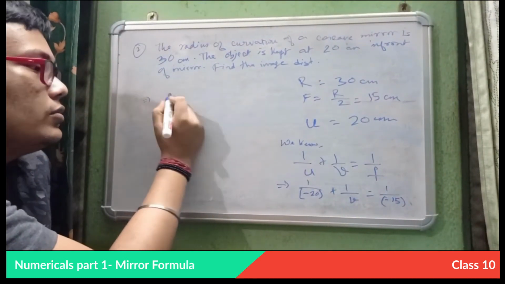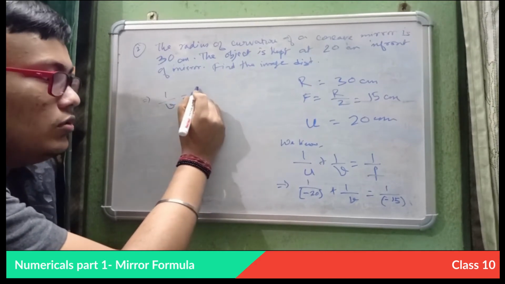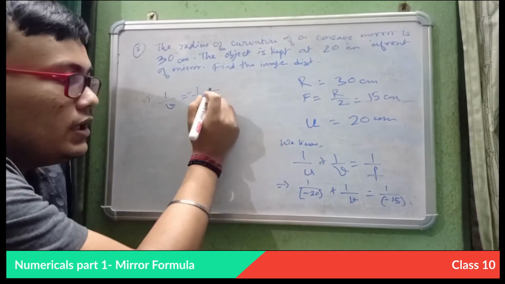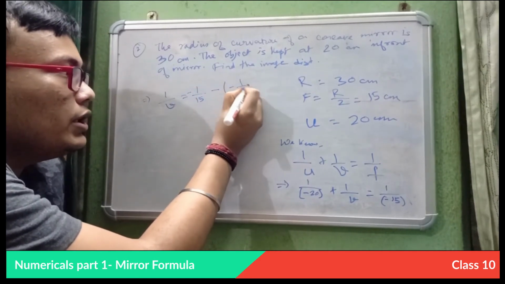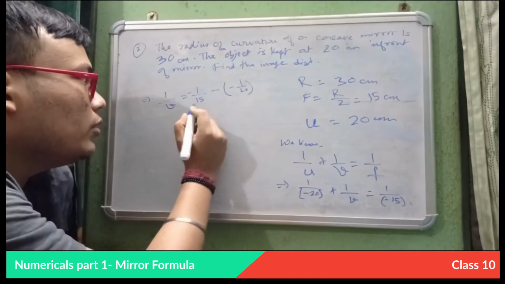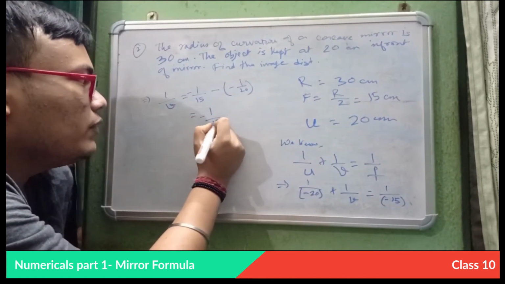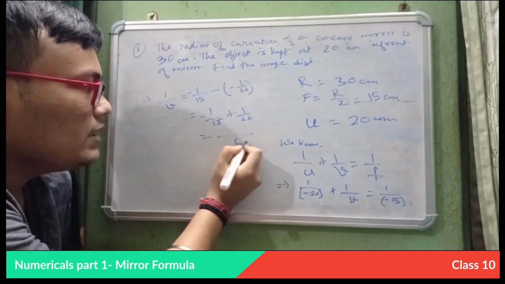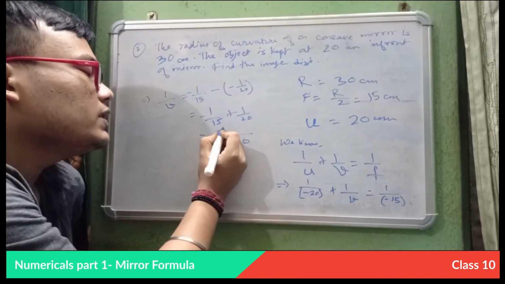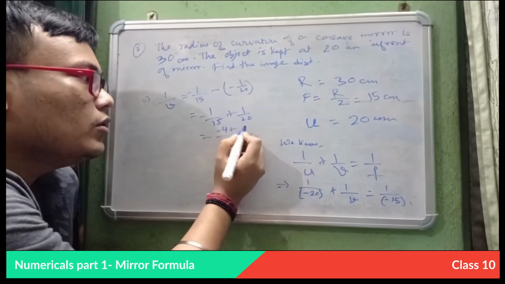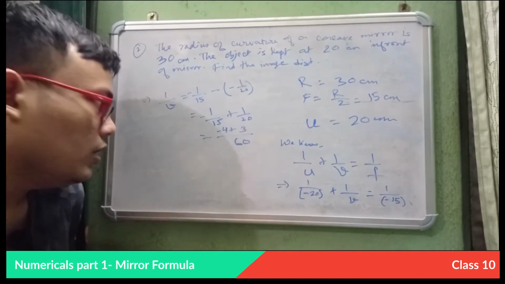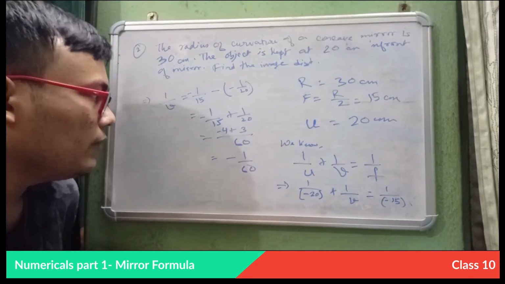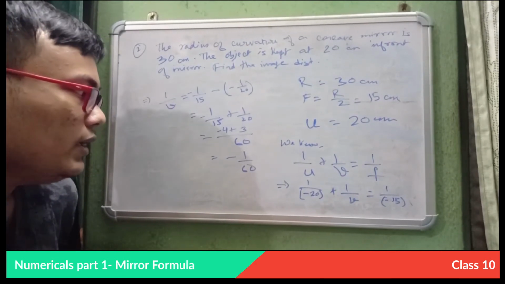If we solve it, 1 by v equals minus 1 by 15 minus of minus 1 by 20. Minus minus gives plus, so minus 1 by 15 plus 1 by 20. If we take the LCM, it becomes 60: minus 4 plus 3, that becomes minus 1 by 60.